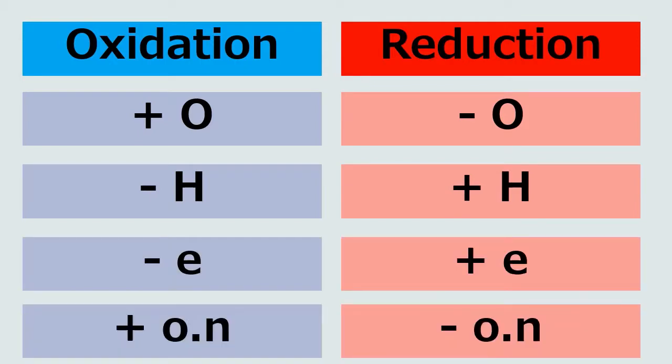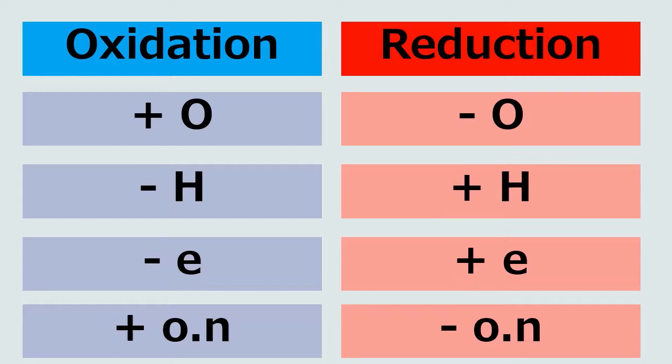Now, let us conclude all four terminologies or descriptions of redox reactions. For oxidation, if the substance gains oxygen or loses hydrogen, loses electrons, or increases in oxidation number, the substance is said to undergo oxidation.